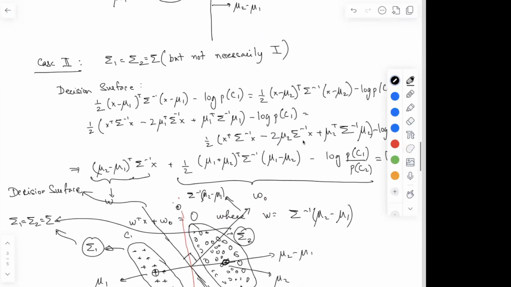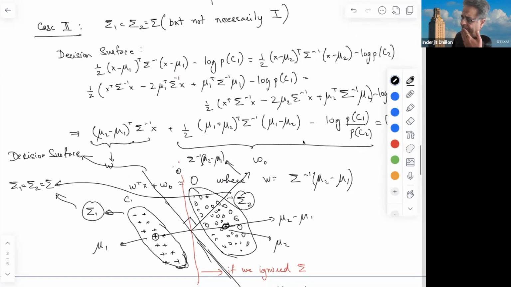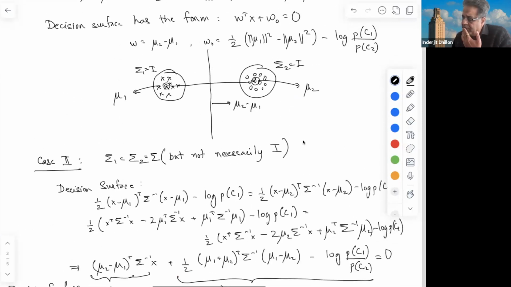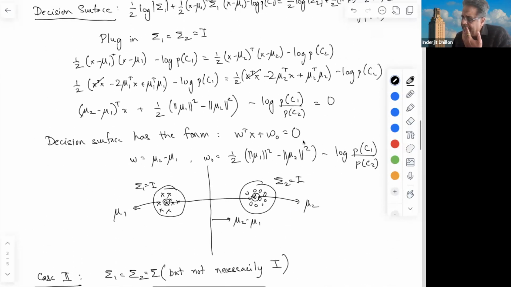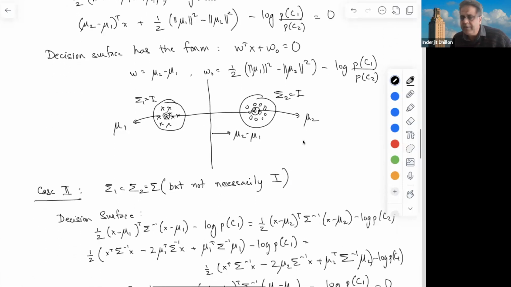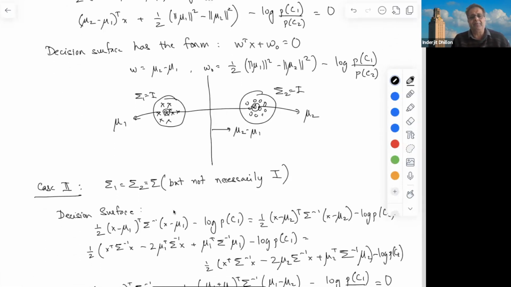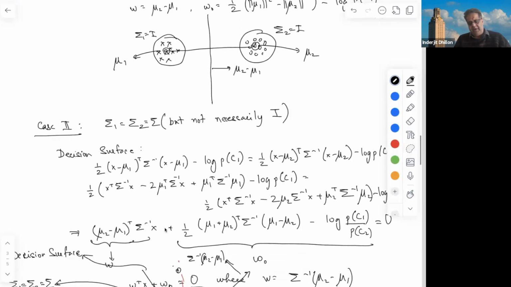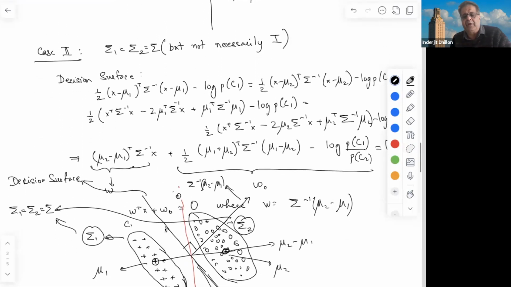Yeah, so let me just repeat it. I need to be careful which one I copy, because in this one I already made an assumption that sigma 1 equals sigma 2. So let me make sure that I copy the right thing.